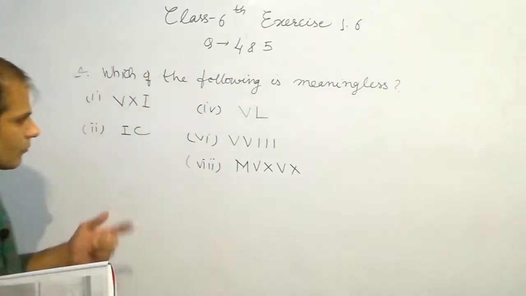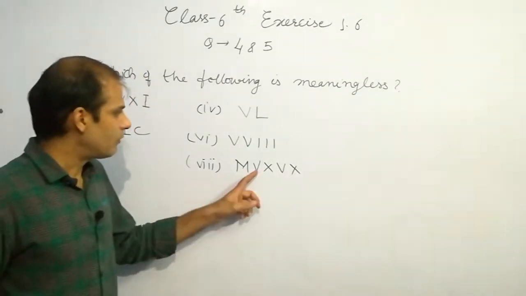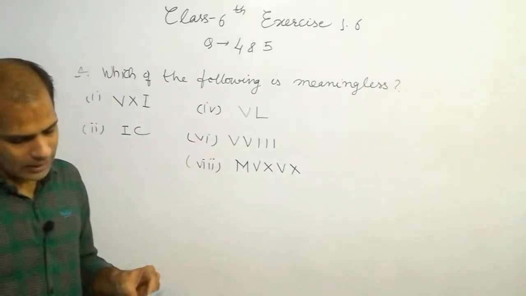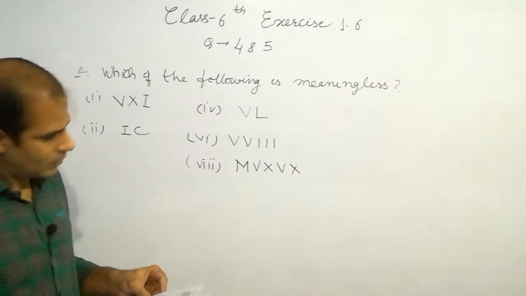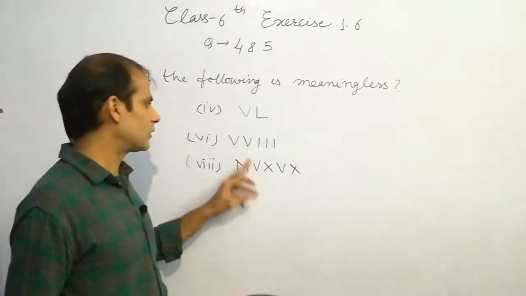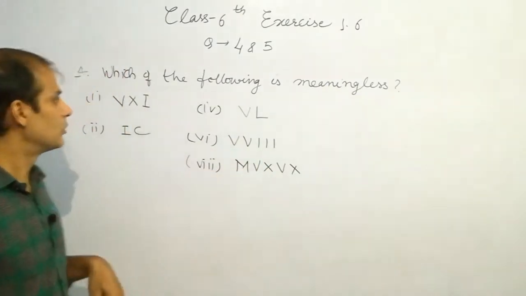As you can check, V is subtracted from X, but according to the rules, it is writing V before X, because V is never written before the symbol of a greater value.